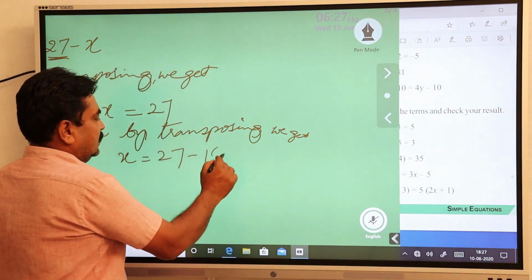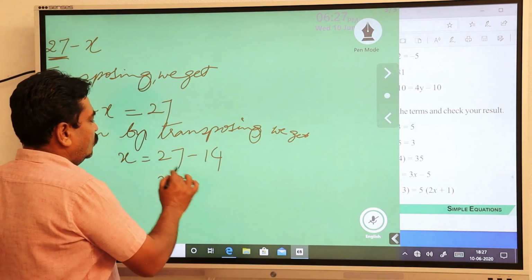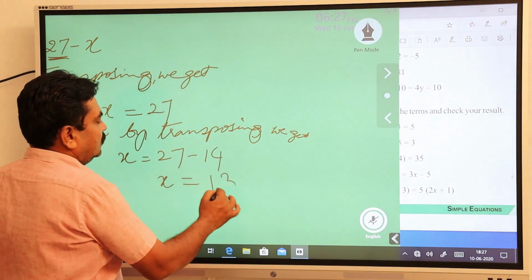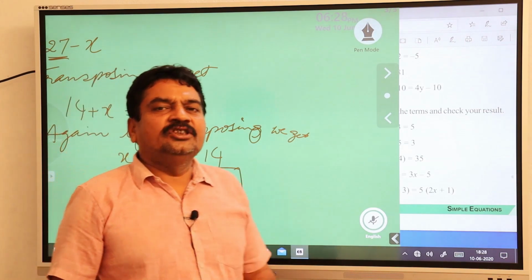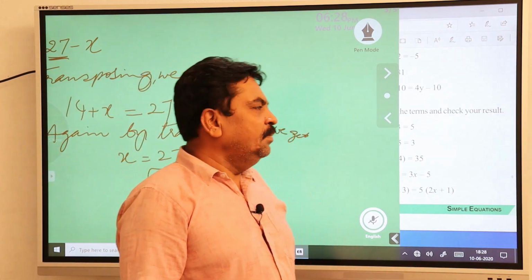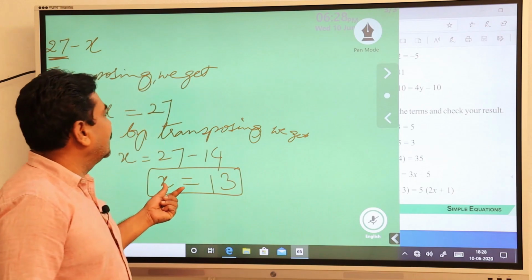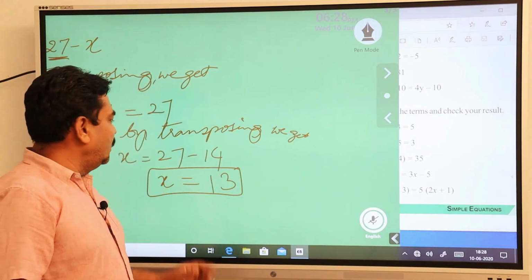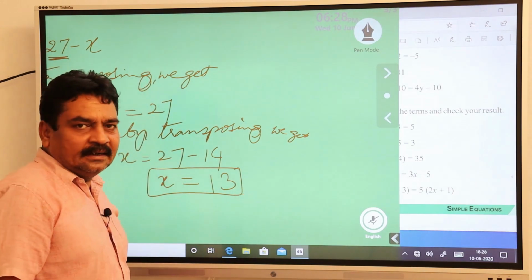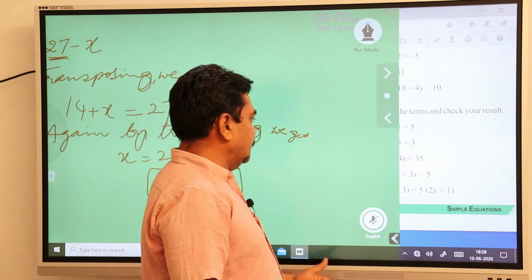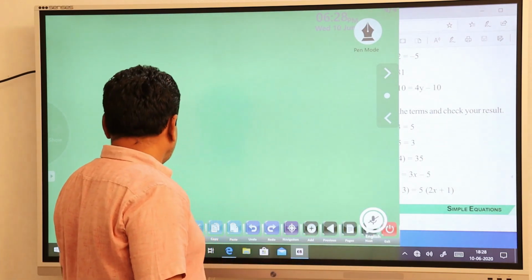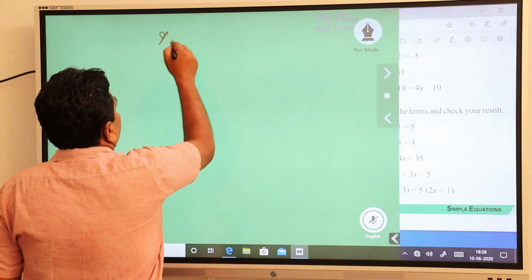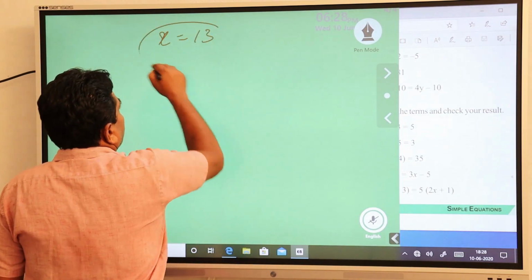So 27 minus 14, then x is equal to 13. You got the value of x as 13. Let us check. Simply substitute the value of x in the question.